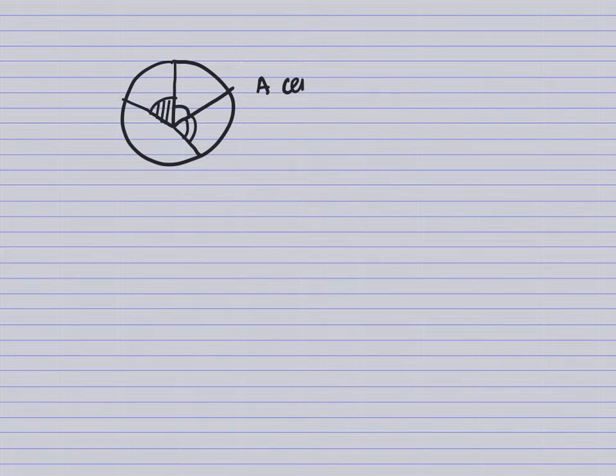So for example, if you have a circle, you need to know what these parts are going to be, right? So you need to first know a central angle.